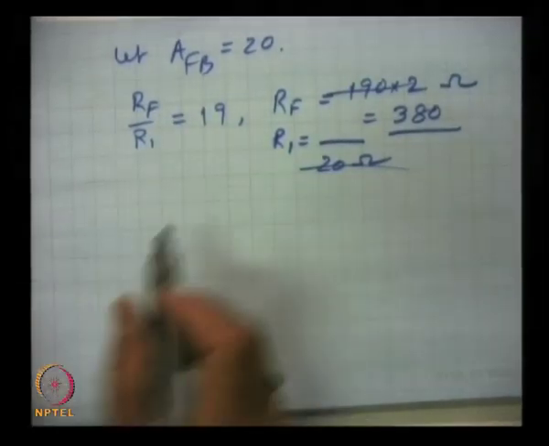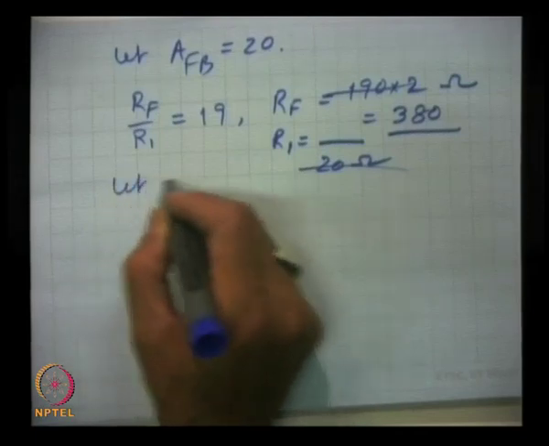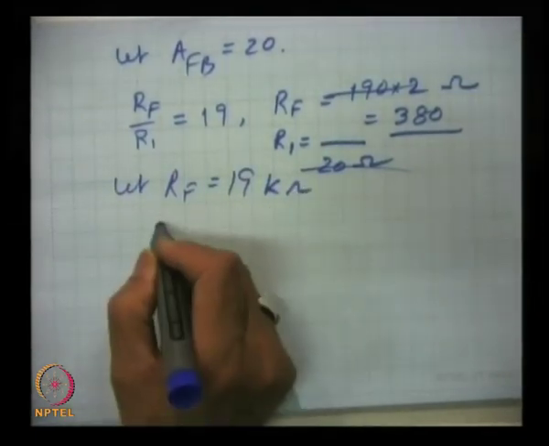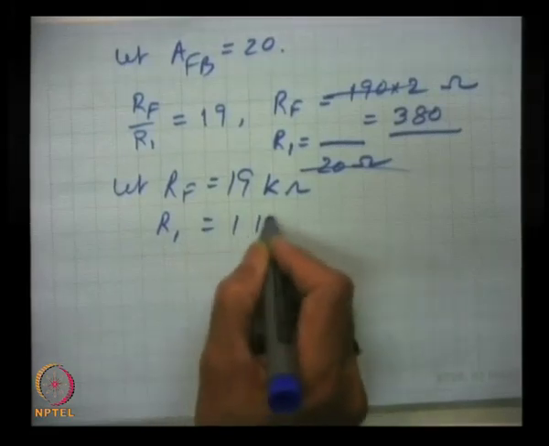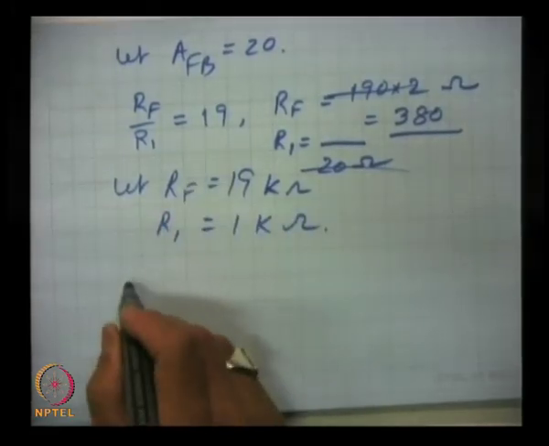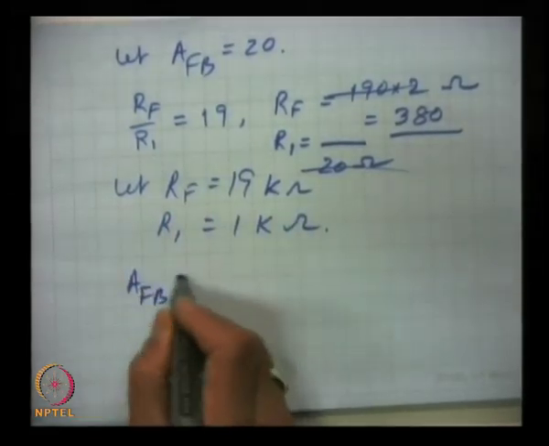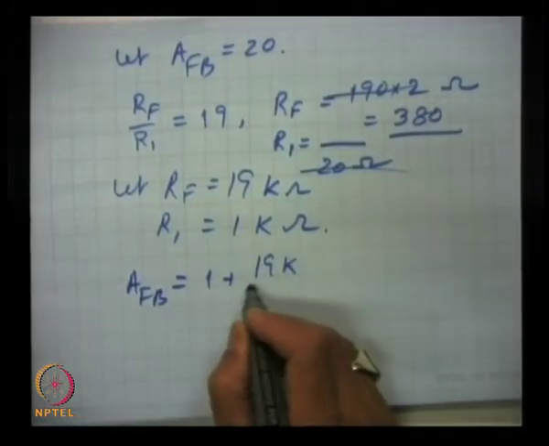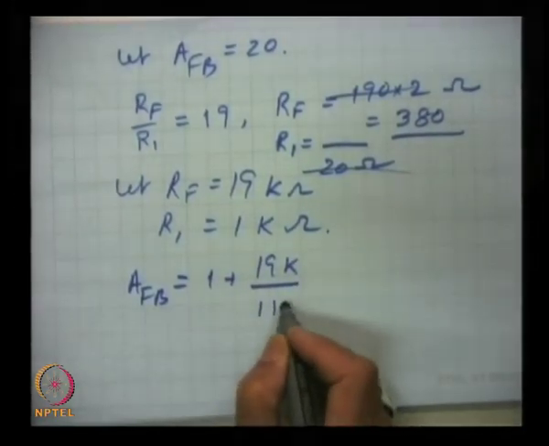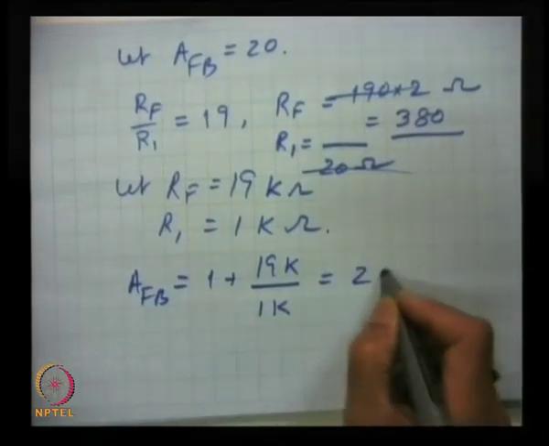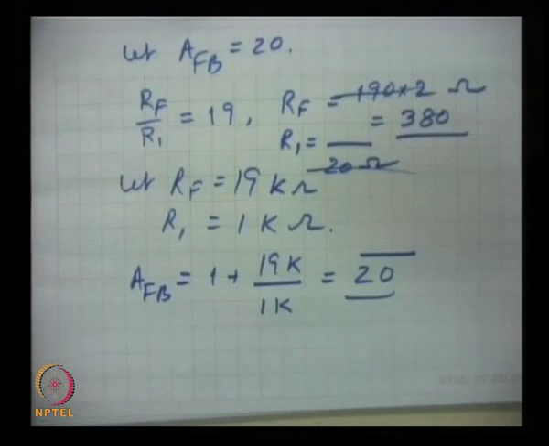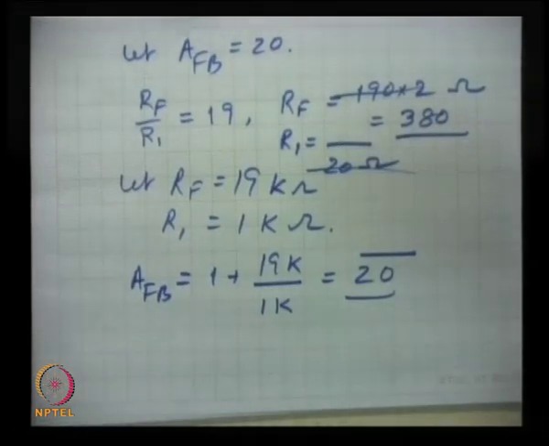For example, let Rf be 19 kilo ohms and R1 be 1 kilo ohm, then gain AFB will be 1 plus 19 K by 1 K, so gain will be 20. How simple it is to construct a non-inverting amplifier with a desired gain.